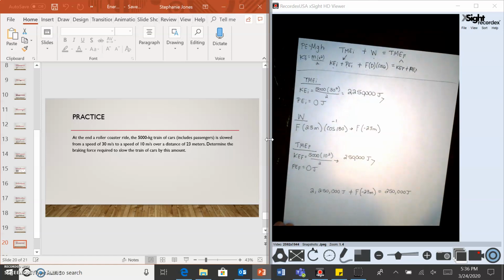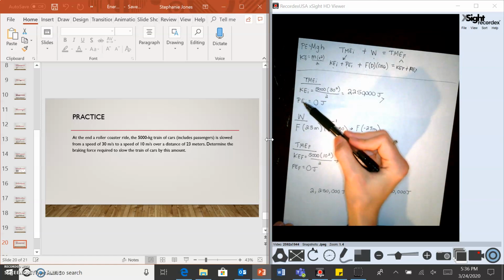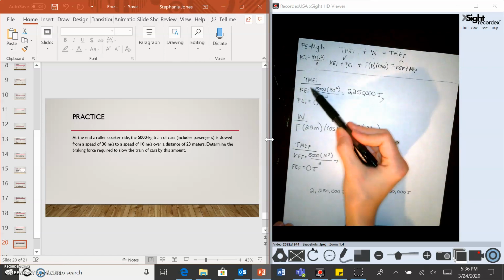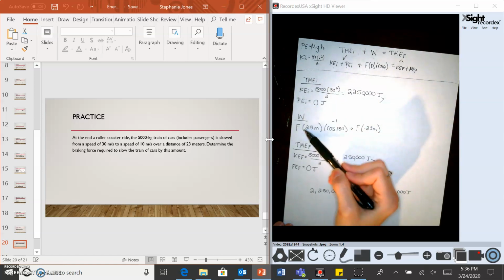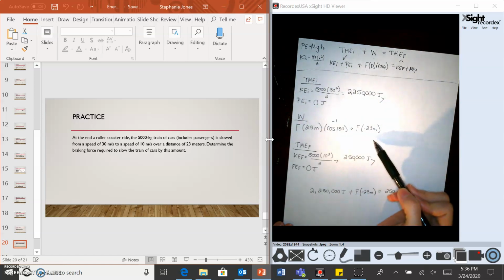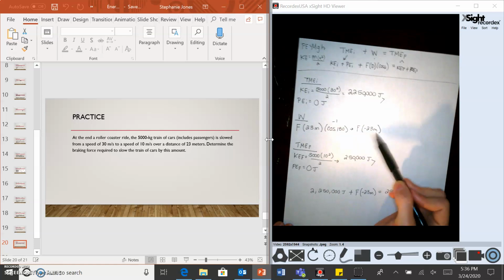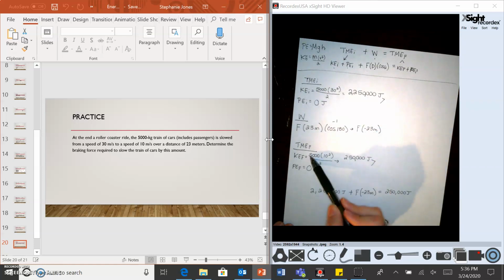So again, we added our potential and kinetic initial to get our total mechanical energy initially. We found our work. We're leaving F as F because that's what we're finding. And it is negative work, so it made this number negative. And then we're finding our total mechanical energy final by adding these two together.